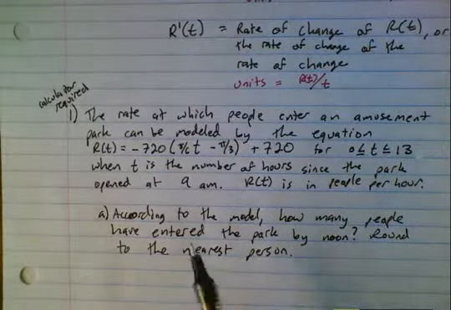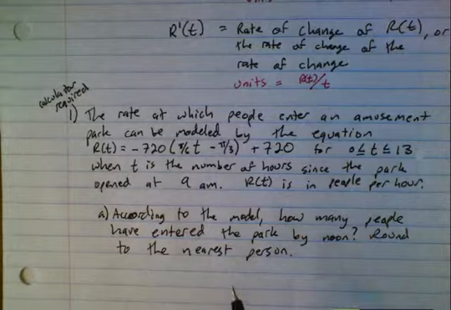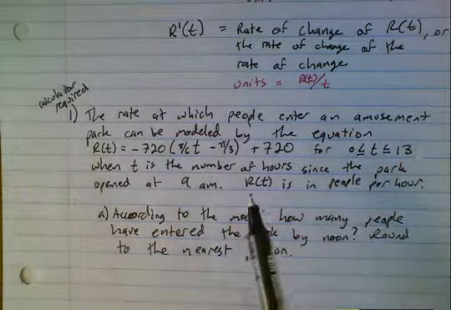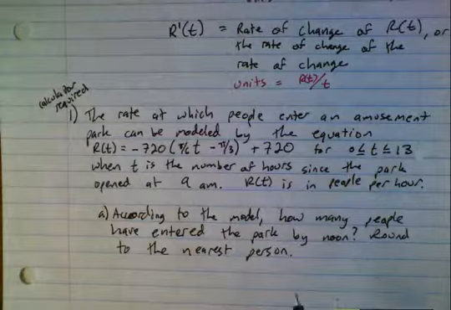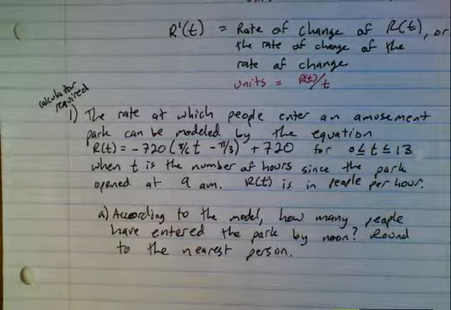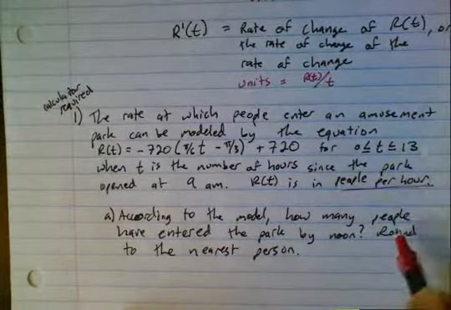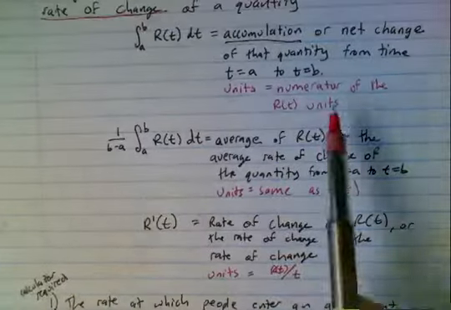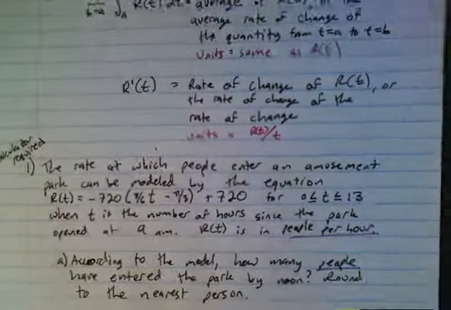Okay, so the key thing to realize when you're looking at this is that we are given a rate of change. It says right here in the problem, the rate at which people are entering. So we're given R of t in people per hour, and we're asked about the number of people. This means that we're being asked about the numerator of these R of t units.